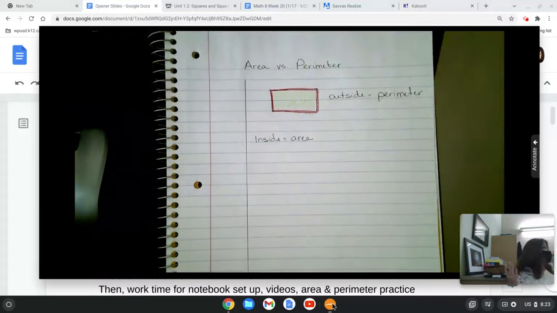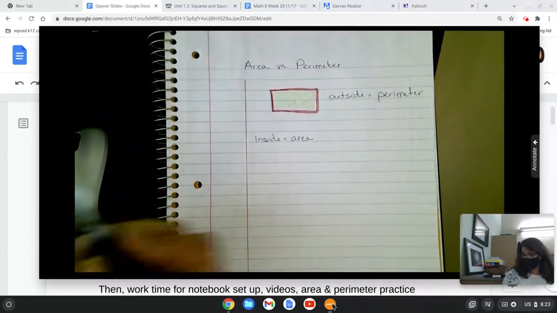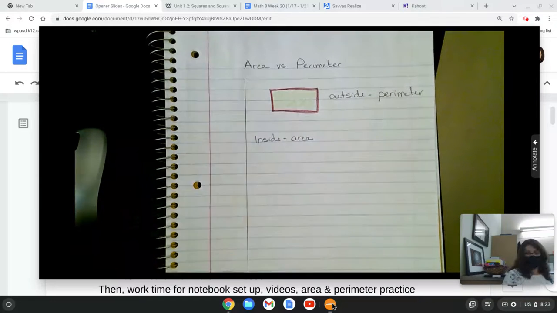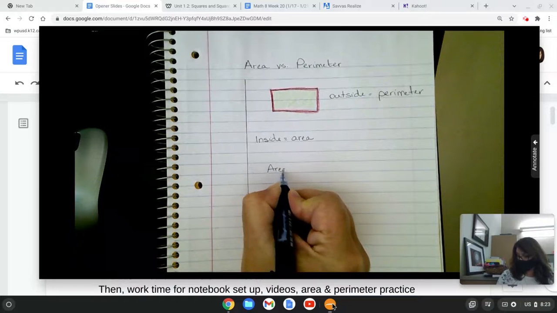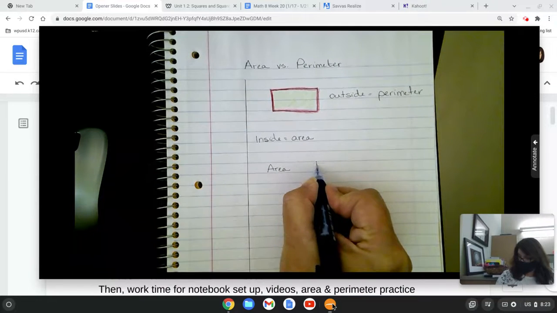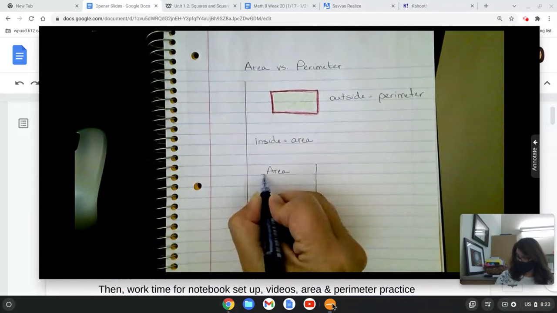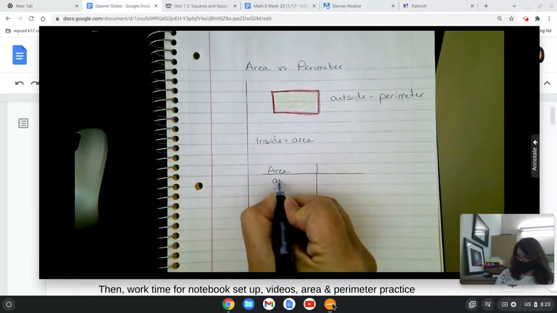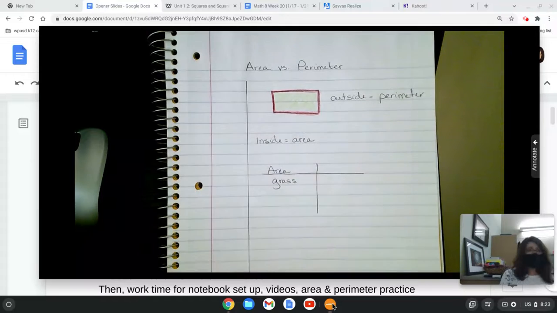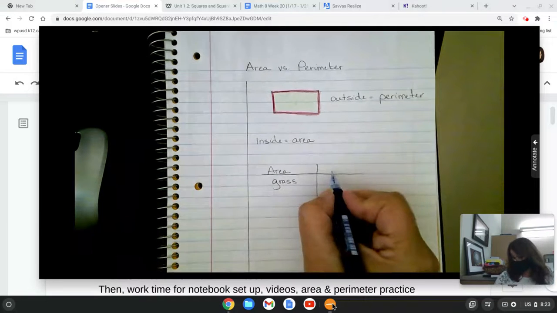I colored the inside of the thing green. That kind of makes sense, right? If the inside was grass, then what would the red part be? A fence or concrete? Okay.